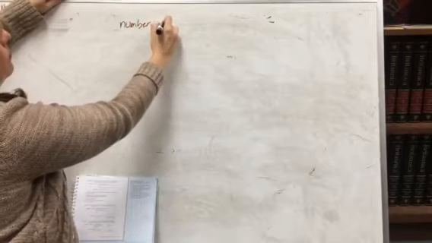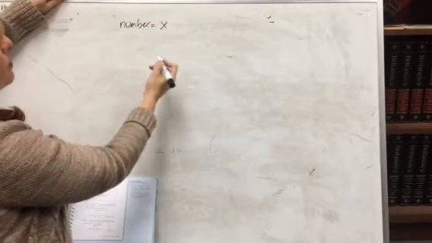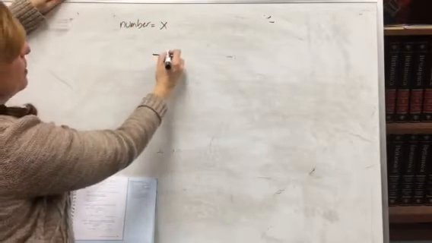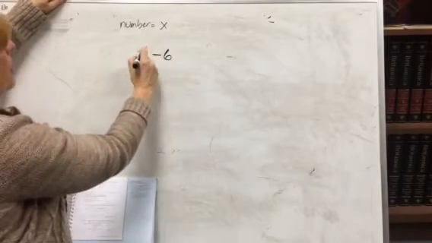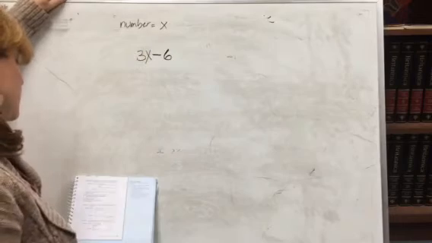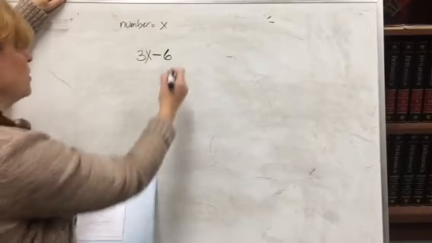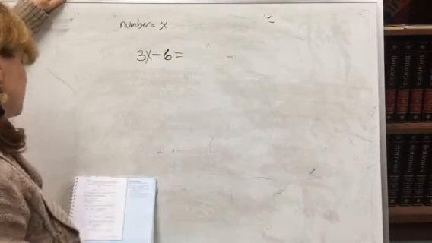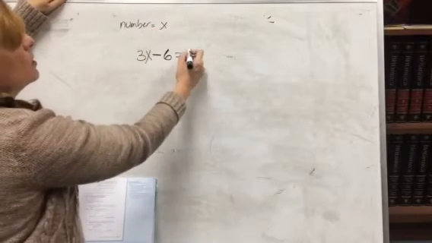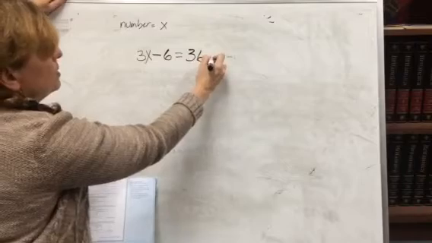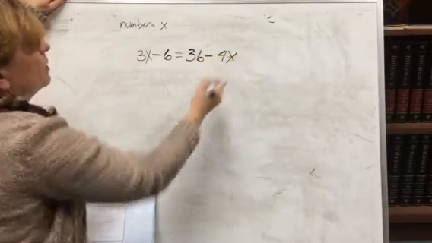We'll call it x. 6 subtracted from means we're going to minus 6. 3 times a number is 3x. 36 decreased by 4 times the number.